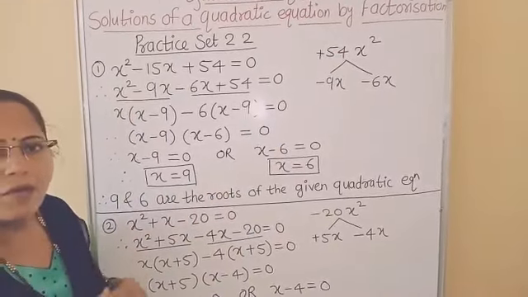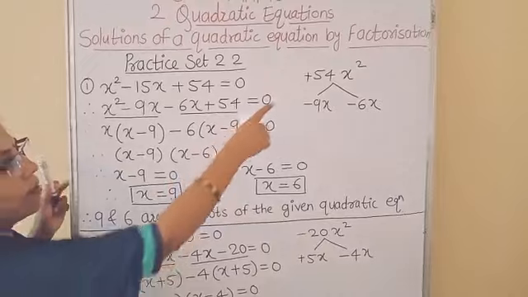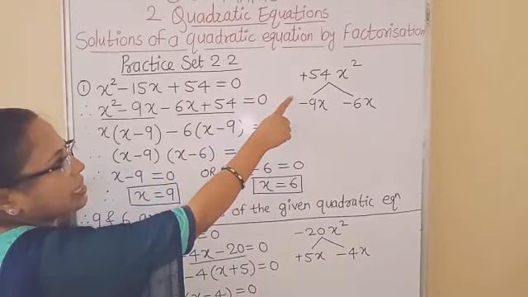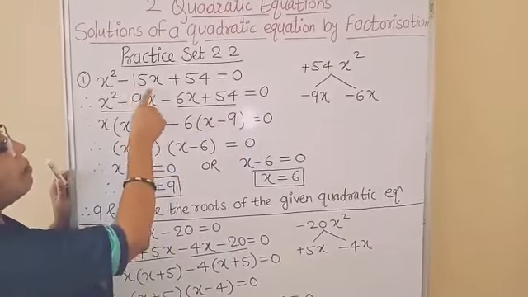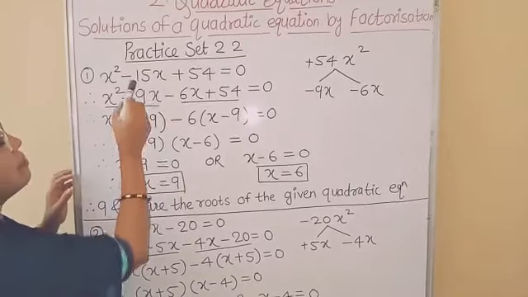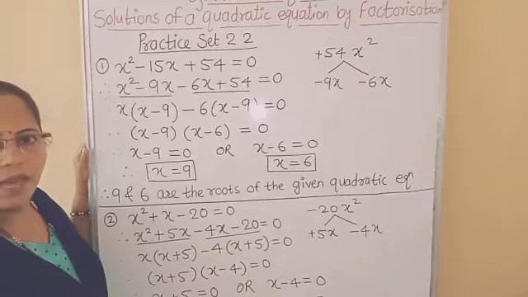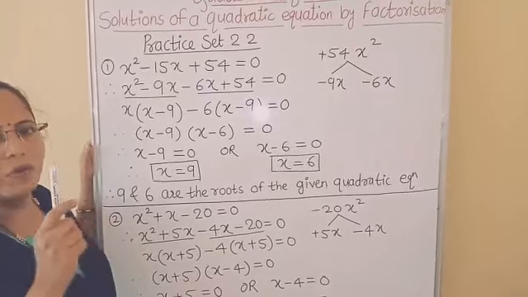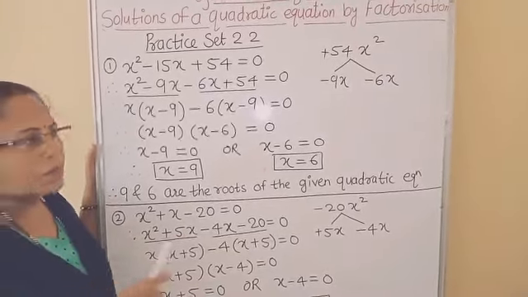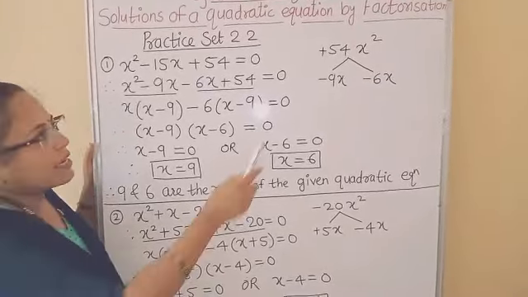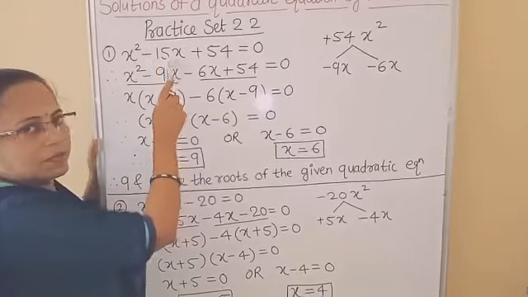Now we have to find factors of 54x square such that the sum of those factors is the middle term, that is 15x. So we have to find two factors whose product is 54x square and sum is 15x.